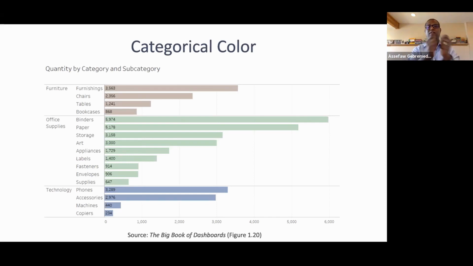We are looking at categorical values. We used color in an effective way to show those 3 categories. There is another thing that this display has. Within each category, there are different things. And so these different things are displayed in a very effective way using space.